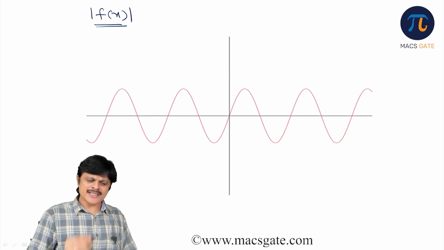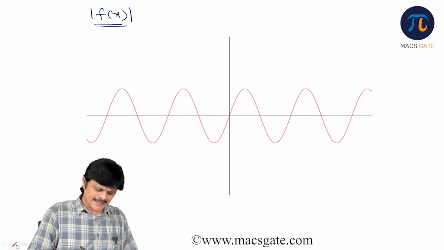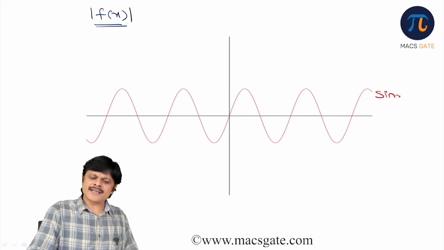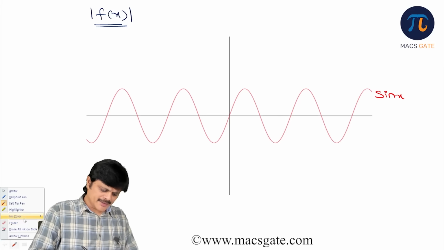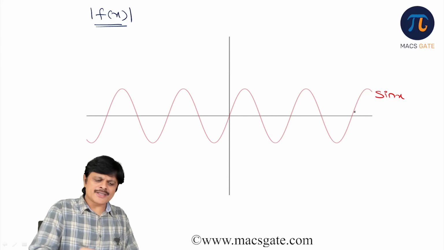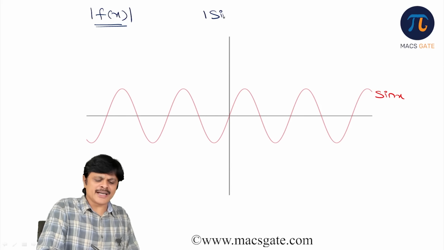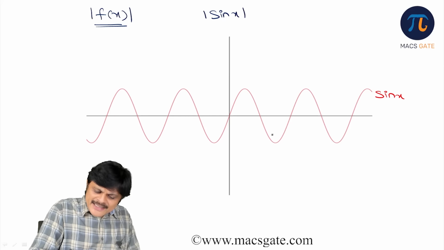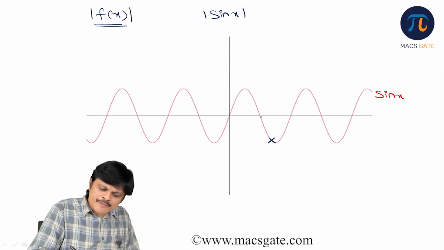For example, this is the graph of sin x. The red one is the sin x graph. And if you want mod sin x, what is the graph of mod sin x? Whatever part is below the x-axis, we need to remove this part and shift it to above the x-axis.